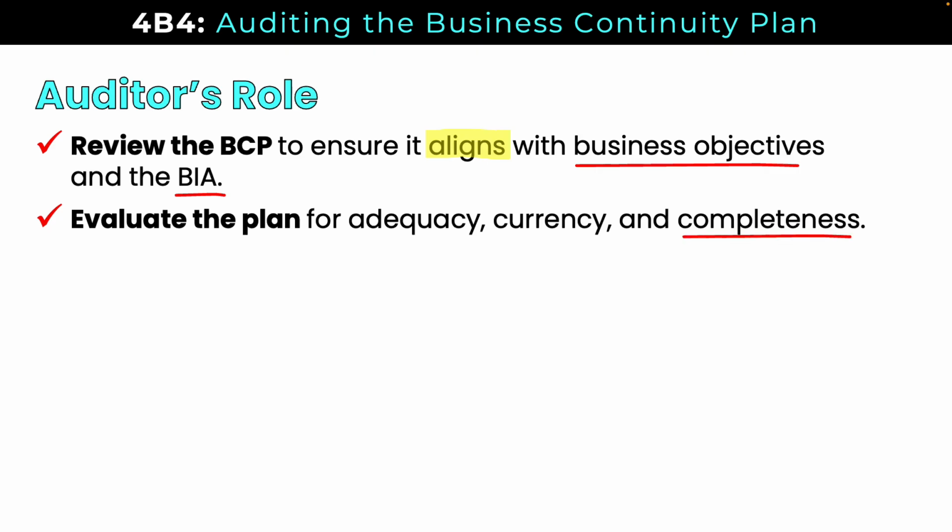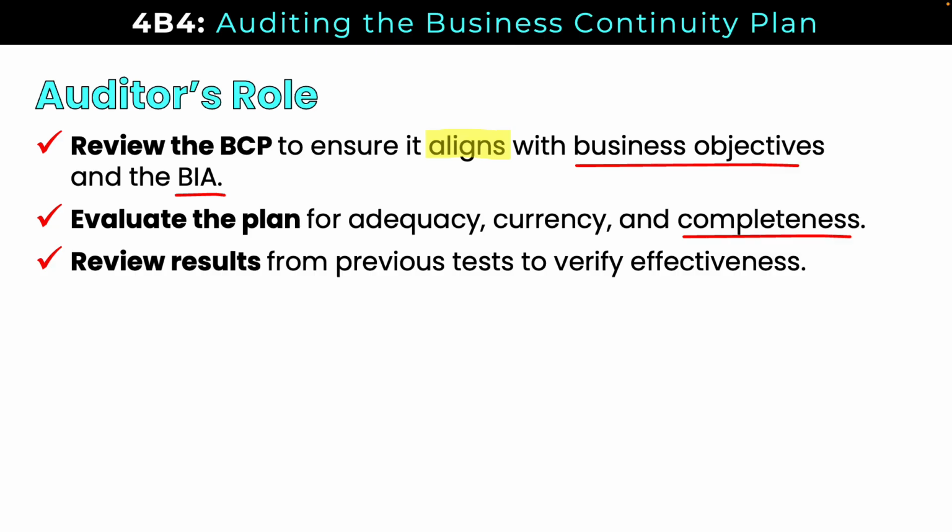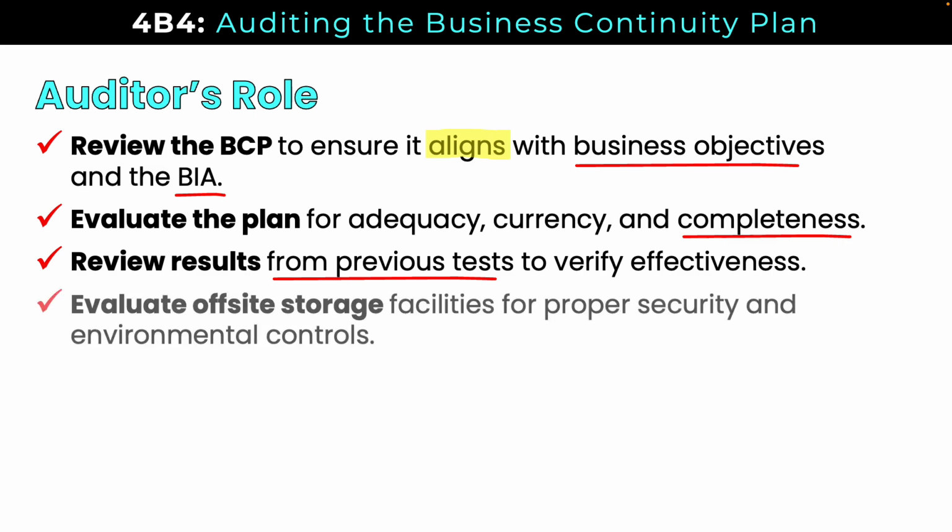Does it really cover all of the critical business services and the systems upon which those services depend? You'll review the results from previous tests to verify effectiveness. Again, an untested plan is a weak plan. We don't get better information on the adequacy of a BCP beyond that test. That is the final word.